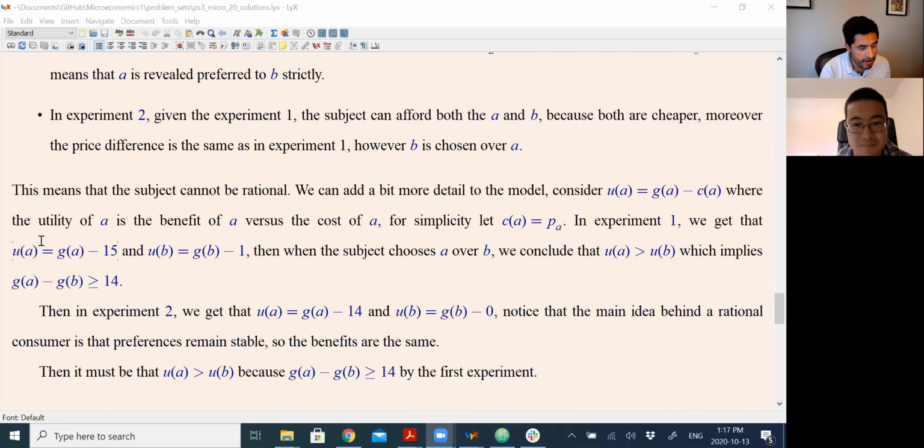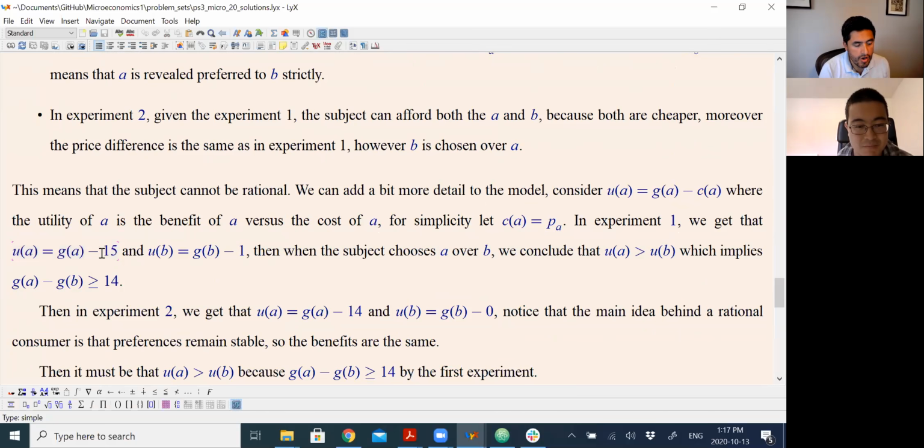So then remember what he's changing from the original model, right, is the following. Remember that I was defining utility in a parametric way, right? So this is equal to G, which is the benefit, minus price, which is the cost. I'm making these calls basically linear.